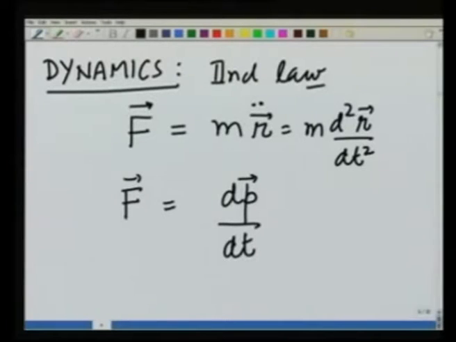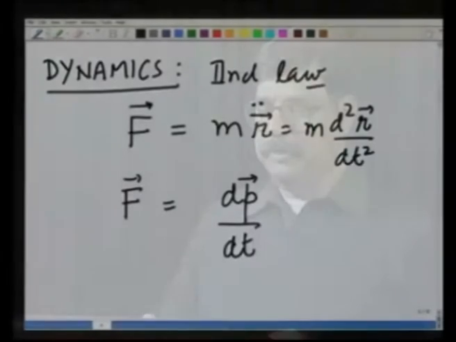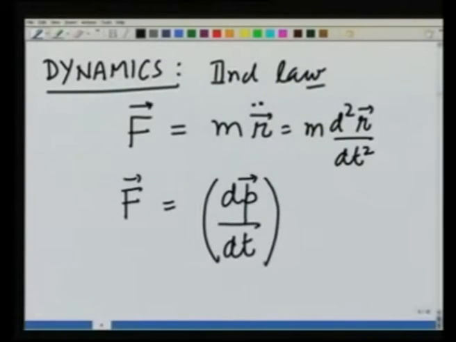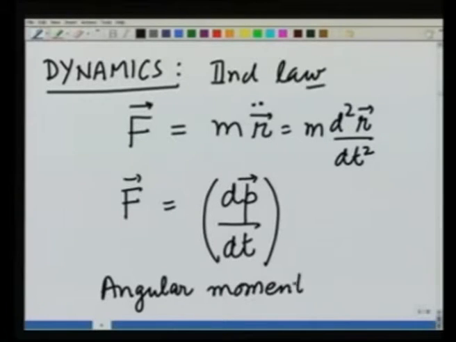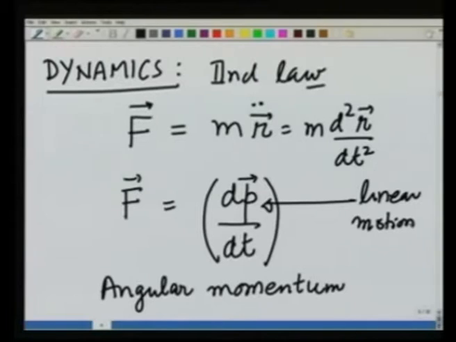The equivalent role that is played in describing the orientation of a body in rigid body dynamics is that of angular momentum. That is, the role that momentum plays in linear motion is played by angular momentum, and let me denote it by a vector L in describing rigid body dynamics.